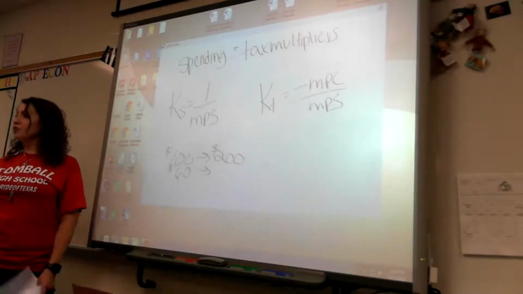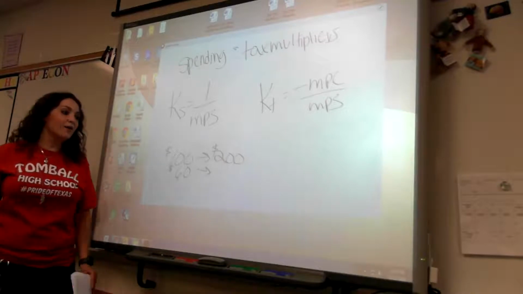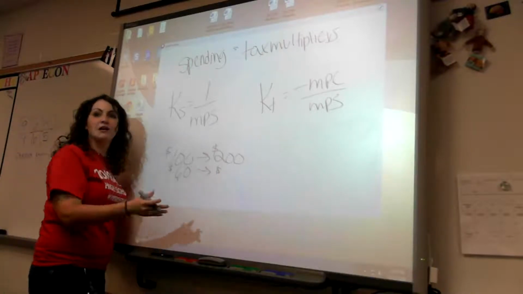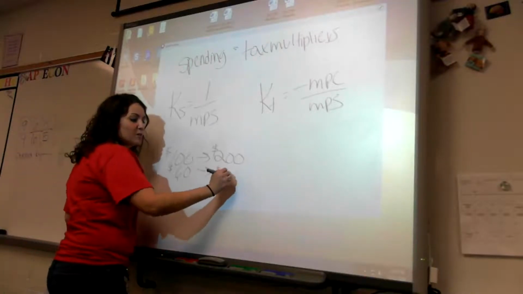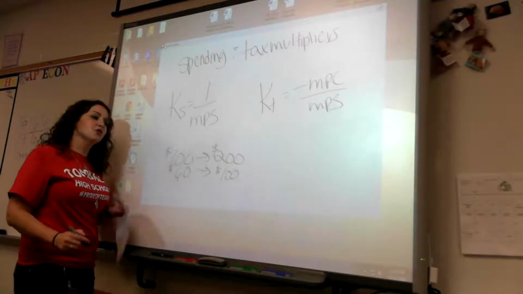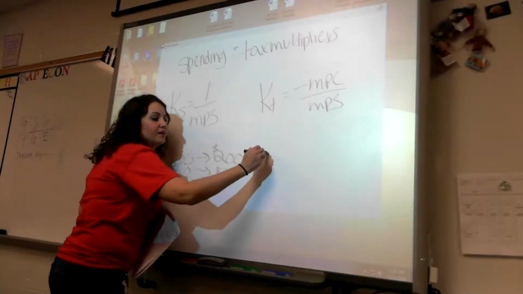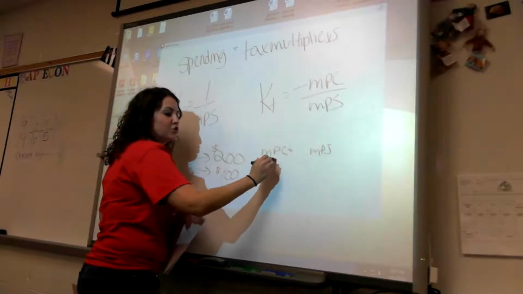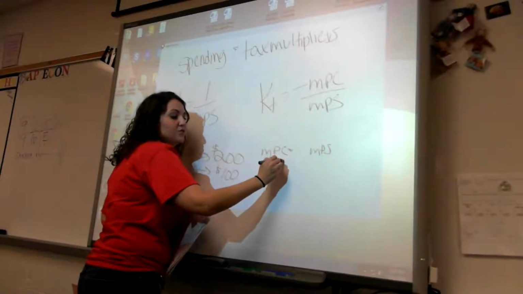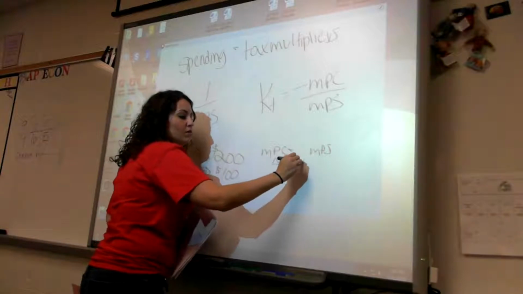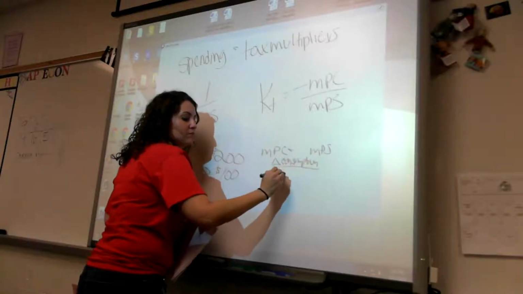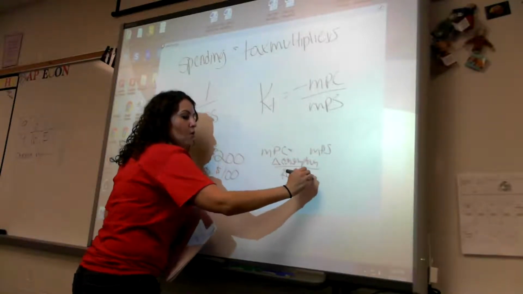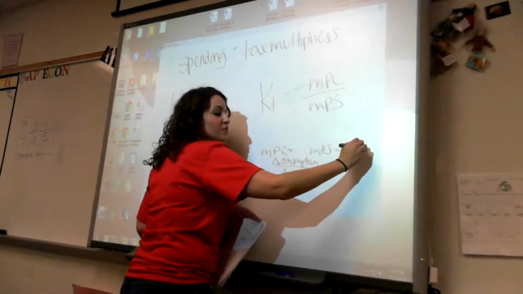But now with 200, he can buy nicer things. He's not going to spend all of it; he's probably going to save even more. To figure out MPC and MPS: MPC is change of consumption over change of income, while MPS is change of savings over change of income.